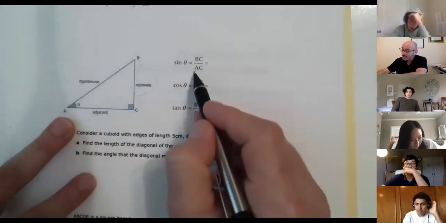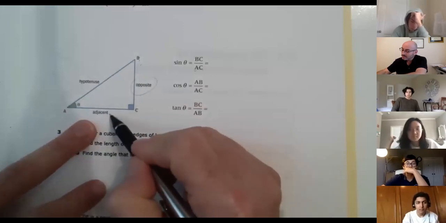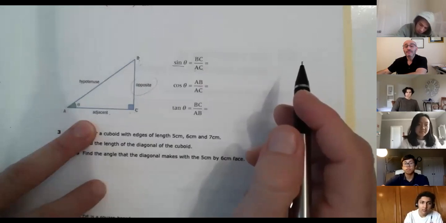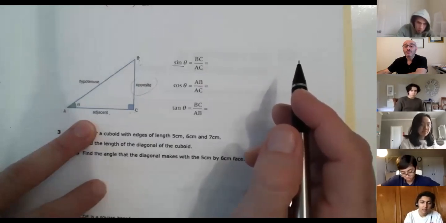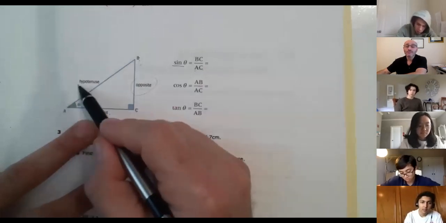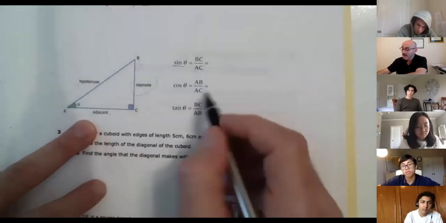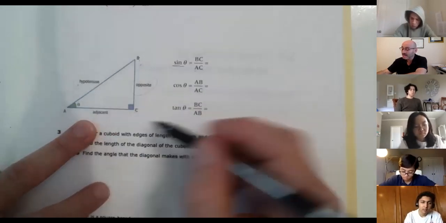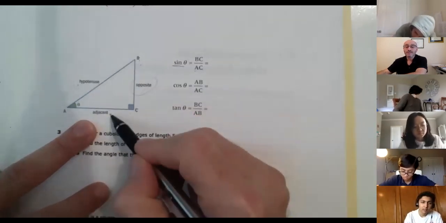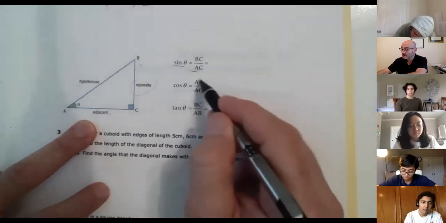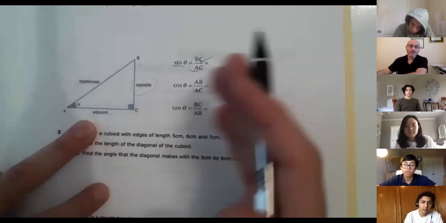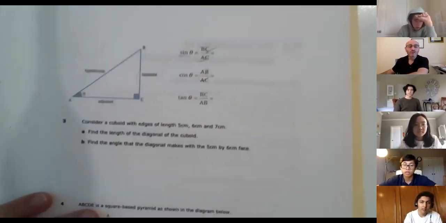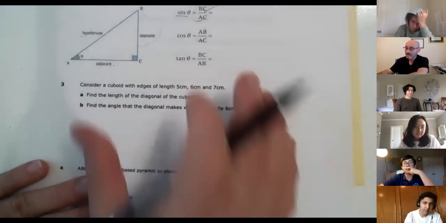BC is the opposite, AC is the adjacent. That's incorrect. Do you see that? Because sine is opposite over hypotenuse. So this is incorrect. And cosine is adjacent over hypotenuse. And then tangent is opposite over adjacent, right? So this here is incorrect. At least that one is incorrect, because it's the same thing that we have done for trigonometry, all right? So we're going to try to use that here.